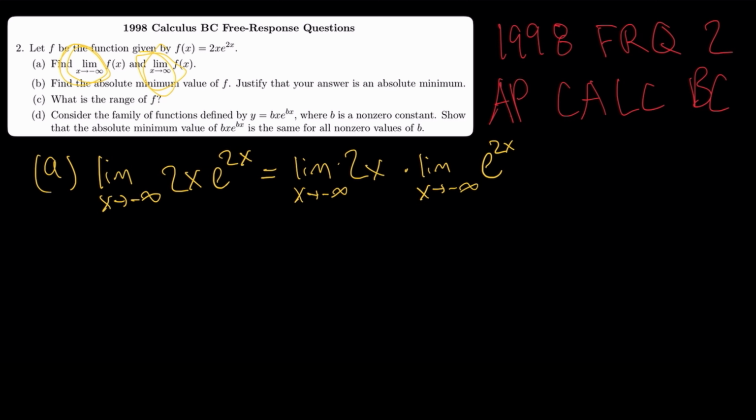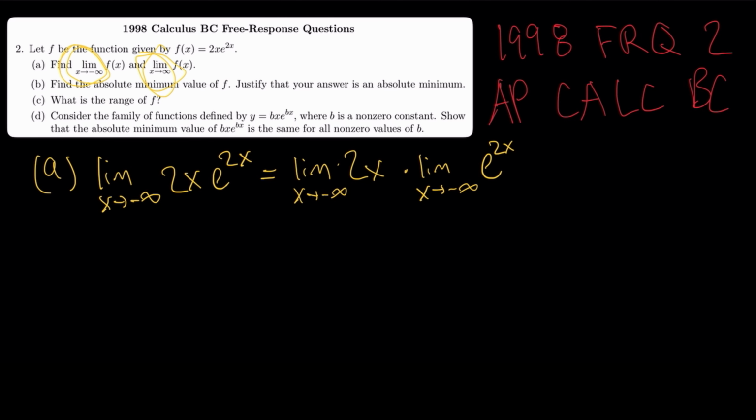Now, something that we know is that as x approaches negative infinity for this, we're going to get an infinitely large negative number. But as x approaches negative infinity for this, we are going to get 1 divided by an infinitely large number, pretty much, because we are raising it to a negative power.